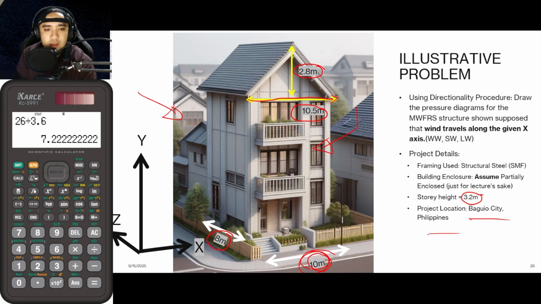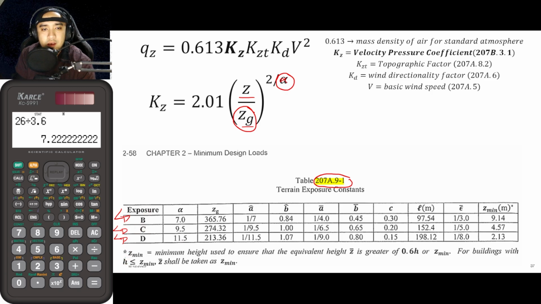As you can see, this particular building is actually located in an urban area. There are plenty of buildings around. From that, guys, we could consider this structure to be in exposure B. So from that, the value for alpha is equal to 7.0 and the value for Zg is equal to 365.76.